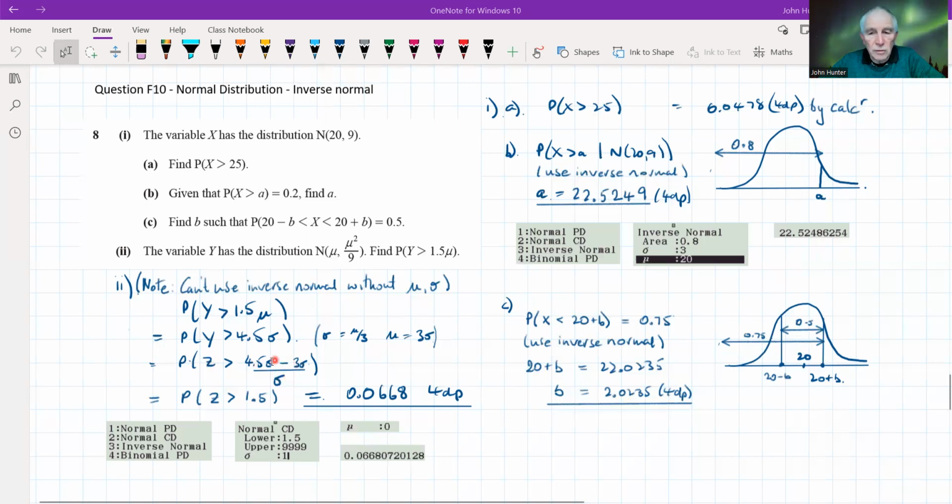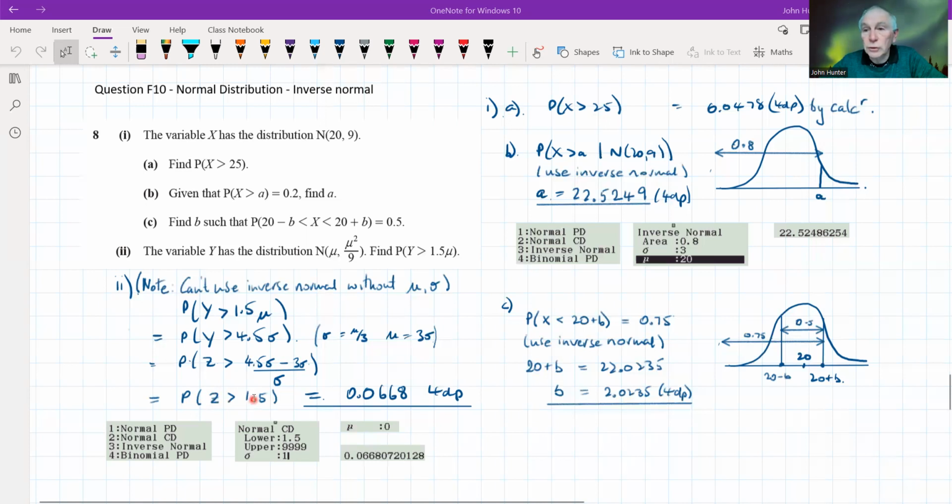That's our conversion for going from a random variable with a mean and standard deviation to a standard normal with mean 0 and standard deviation of 1. This works out nicely because we're dividing by 3 sigma, that's what mu is, and then dividing by sigma, the standard deviation, and all the sigmas go out. We're basically just looking for the probability that the standard normal random variable is greater than 1.5.